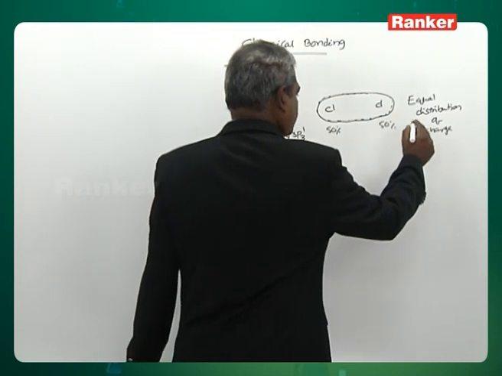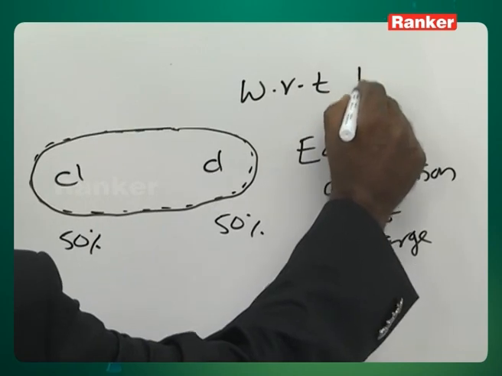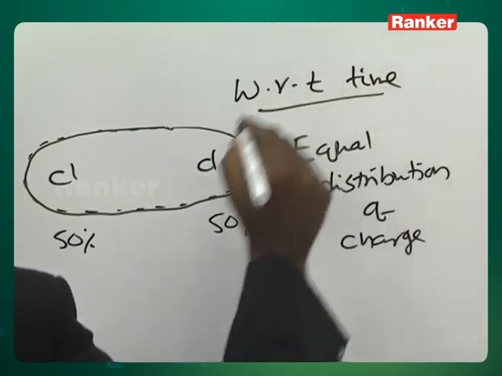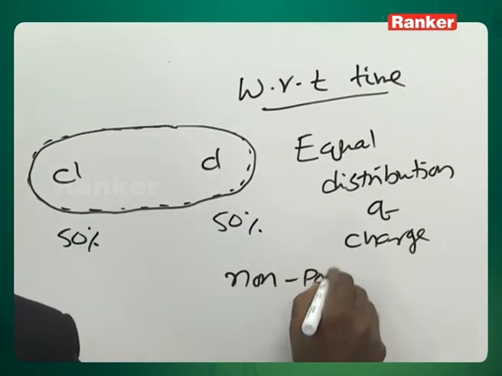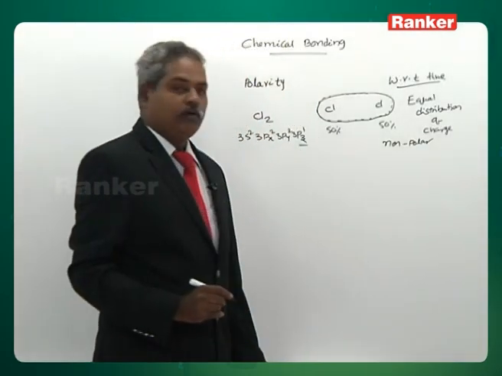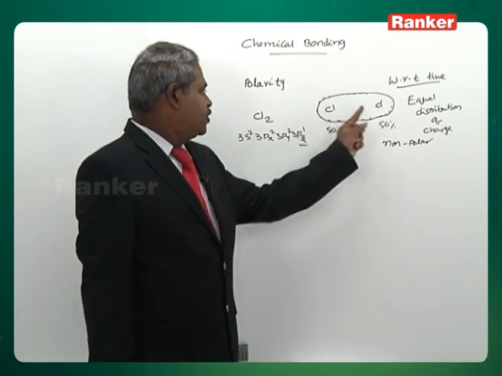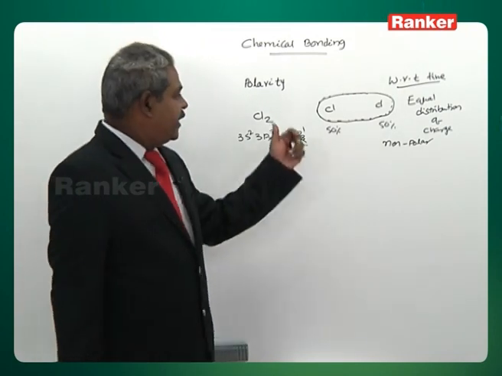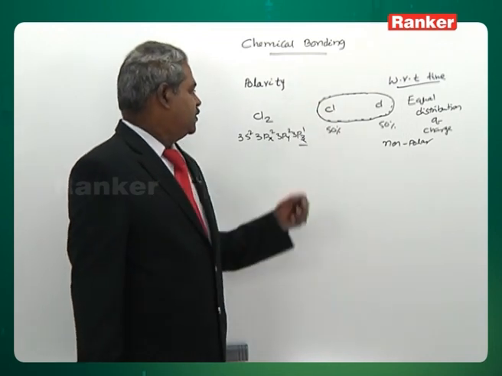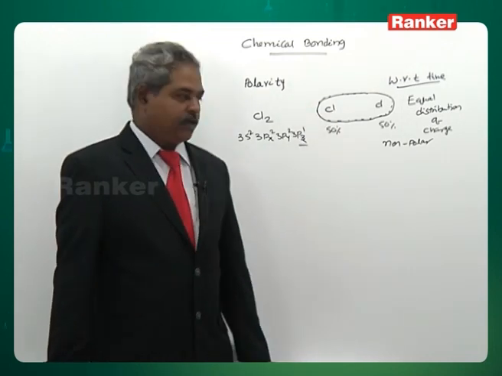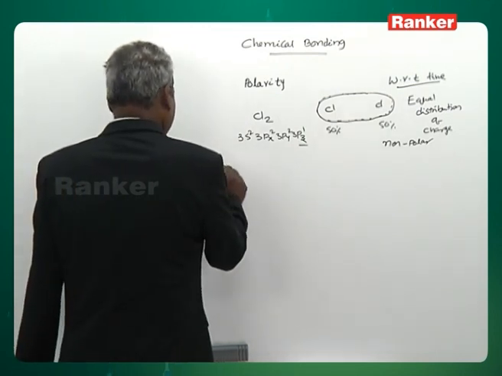So, equal distribution of charge with respect to time. So, this is called a non-polar covalent bond. That is, no atom between these two is more negatively charged than the other. Both are equally negatively charged because it is equal distribution of charge. And look at the molecule HCl.